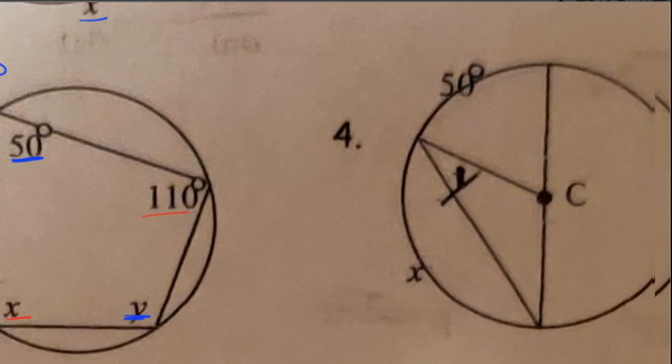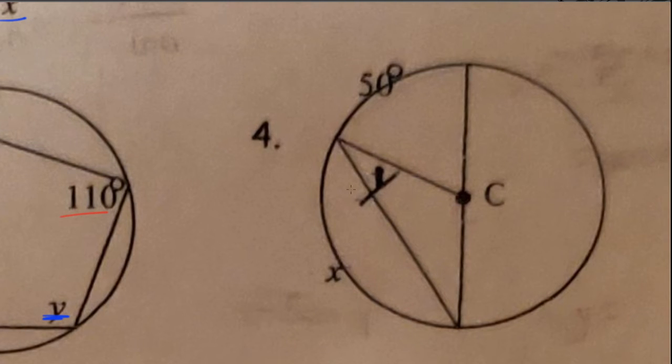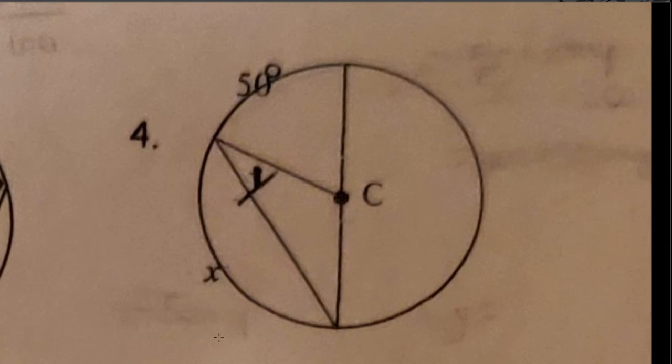Okay, number 4. So here we have the triangle with angle y. Well, first let's start with this. We know that this arc right here is 50 degrees. And that's going to be the same as this angle here.